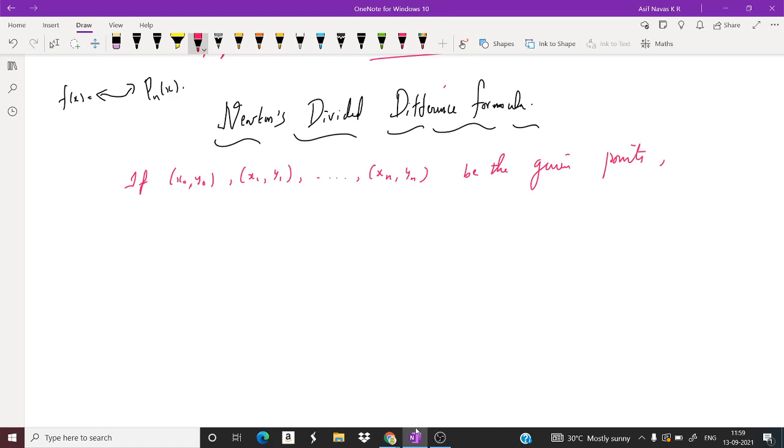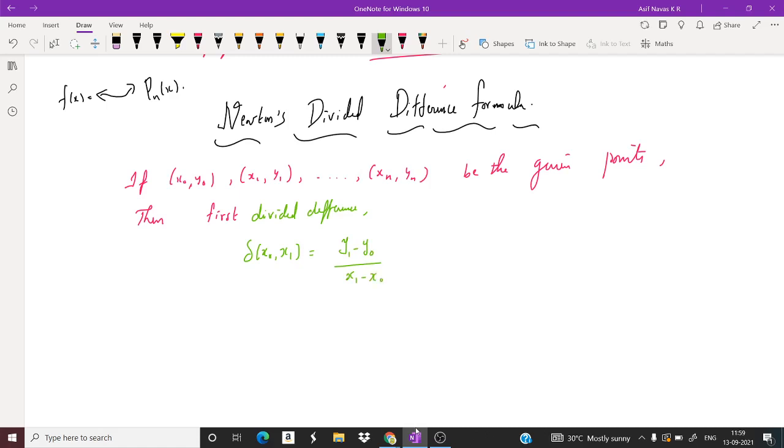then I am first defining the first divided difference. The first divided difference is denoted by delta x naught x1, which is equal to y1 minus y naught divided by x1 minus x naught.